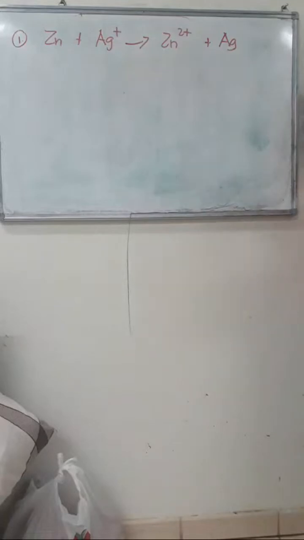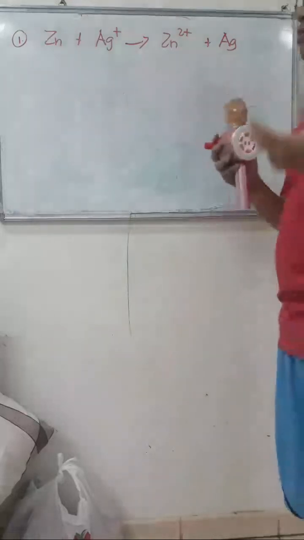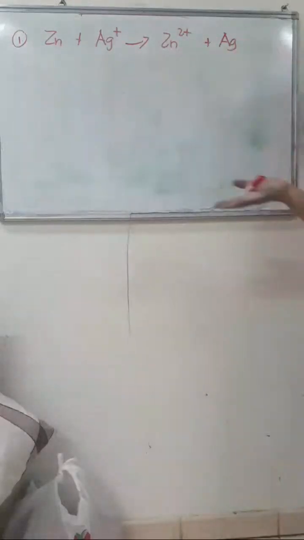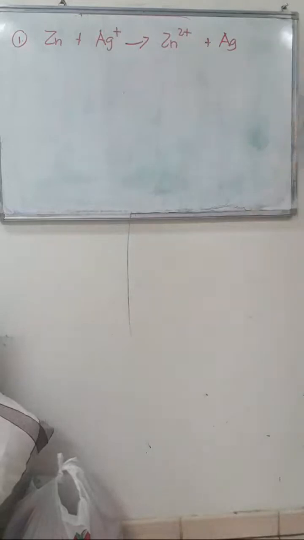Again, if there are no elements, that's not a redox. It must always have elements and also a compound. If all are compounds, it's not a redox. Meaning compounds in the product, compounds in the reactant. A mixture of elements and compounds is a redox. But all compounds is not redox, that's the reason why neutralization reaction, acid and base reaction, is not a redox. You get the point.